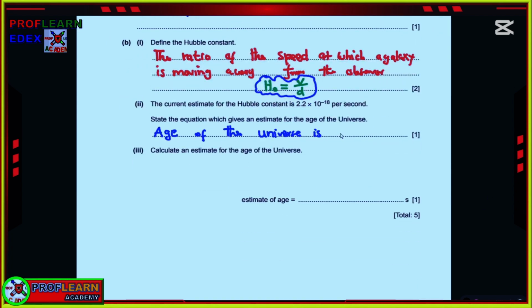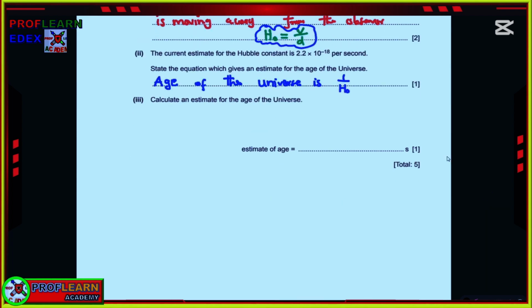So the age of the universe is 1 over Hubble's constant, and we can now do that. Then we are going to get the age of the universe in seconds to be equivalent to 4.5 times 10 raised to power 17.